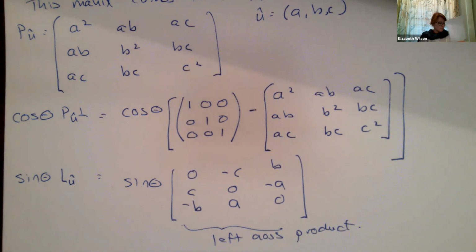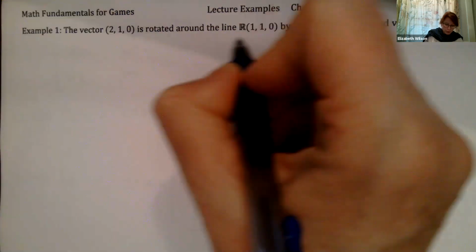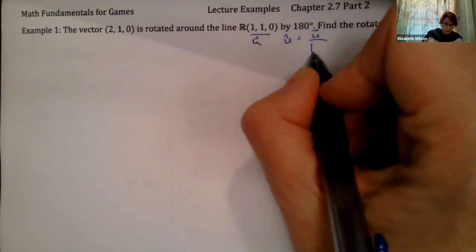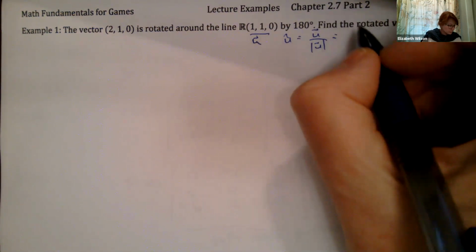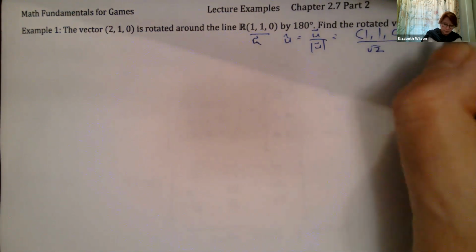So we'll work through the first example here. We only have example 1 to work through. I've got my lecture examples, this is 2.7 part 2. I'm going to work through example number 1. This is the same thing that we did with quaternions, but now we're going to use our rotation matrix with just using angles. So again, this is our u, so our u hat is going to equal u over its magnitude, which is (1, 1, 0) over radical 2.